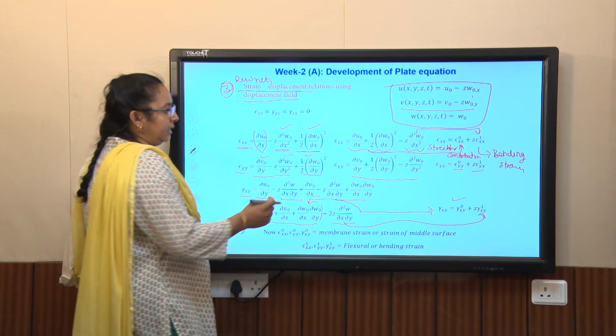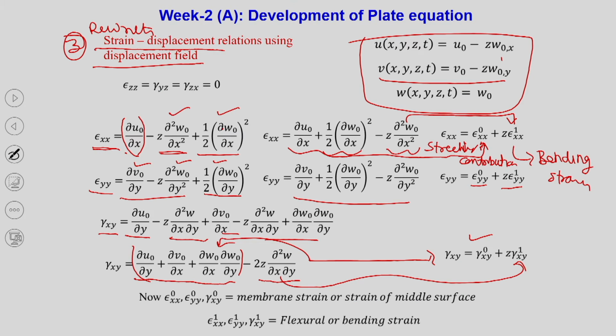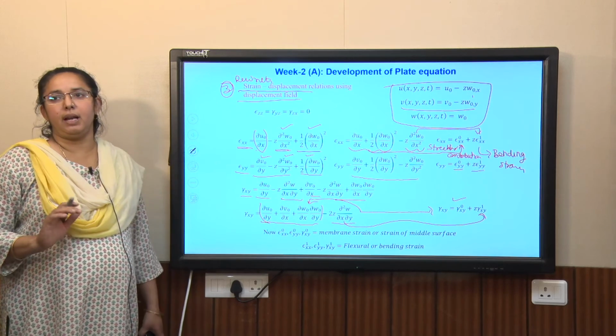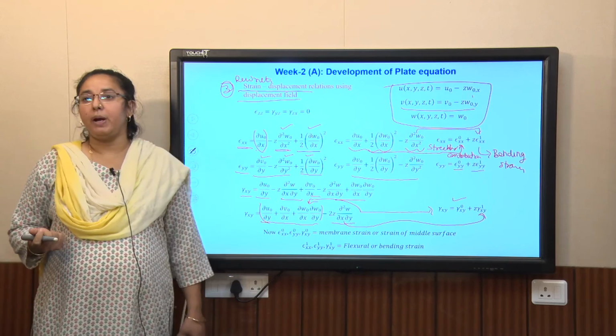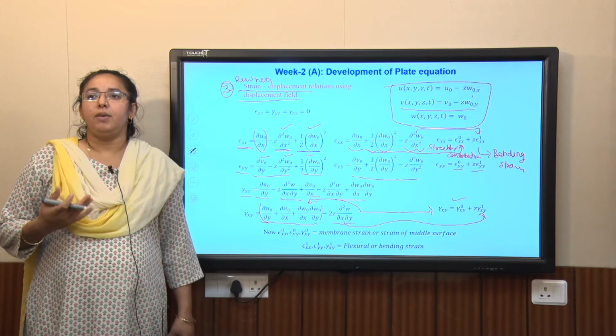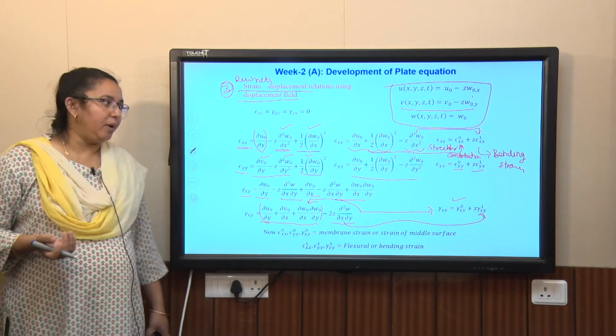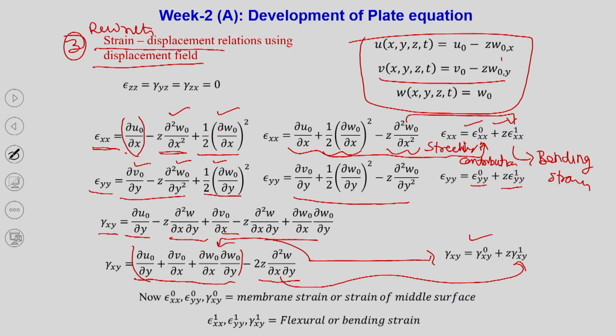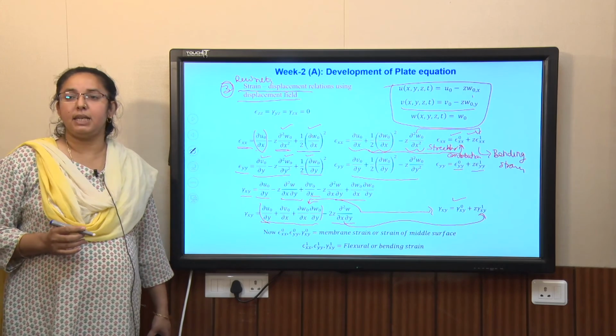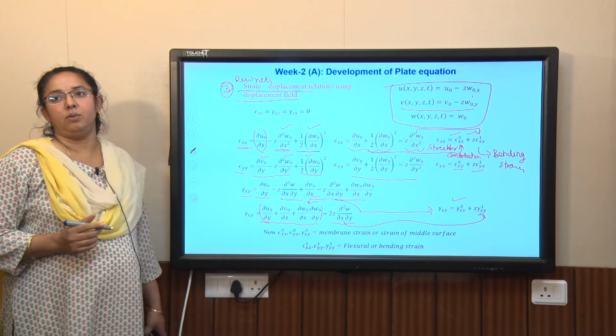So why are we arranging like this, epsilon xx, epsilon yy, gamma xy? We can proceed even without rearranging, but from a programming point of view, for further development, if we can arrange these terms in a shorter form, we can recall and remember things easily, and for programming also.